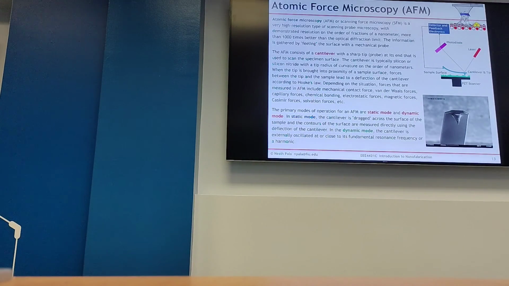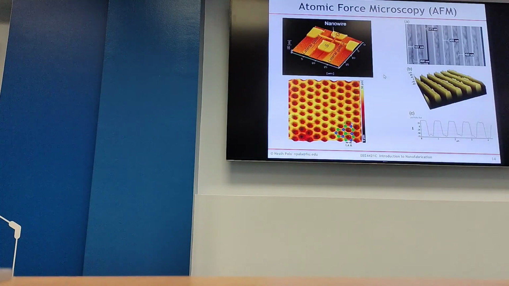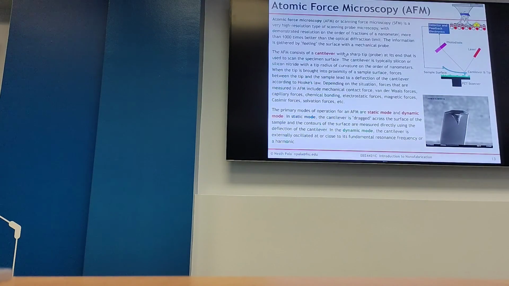See here, this is how it works. The tip basically feels what's on the surface. As you move, it will be deflected, and you can measure the deflection through a laser interferometer very precisely, and then measure the topology of the surface, or morphology, like something like this.